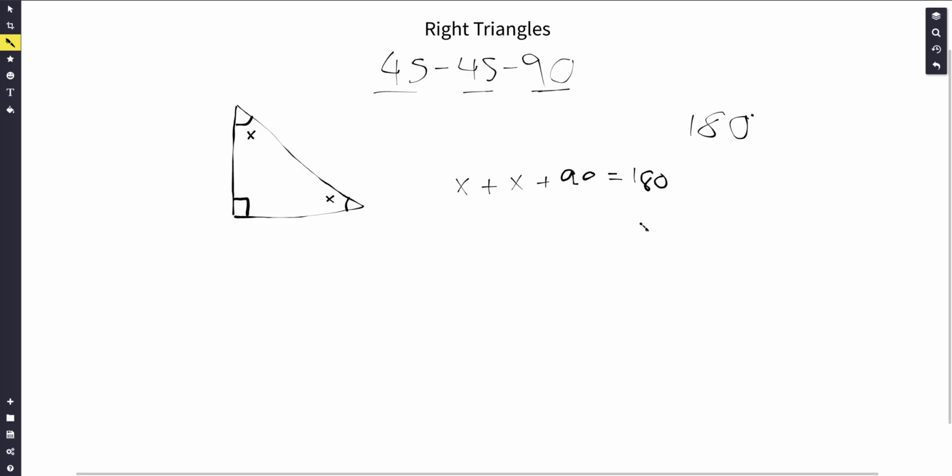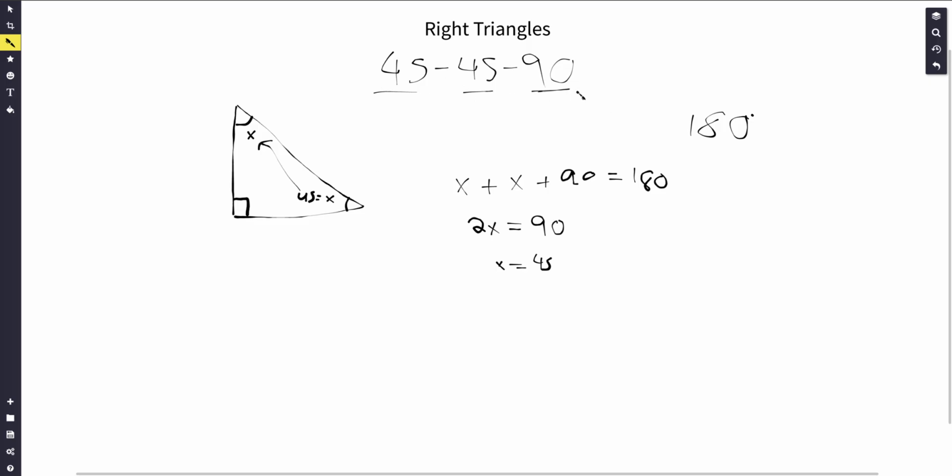And that 180 is adding up all the angles. So this x plus x turns into 2x, and this 90 subtracts to this side, so that's equal to 90. And this is just simple algebra. X is equal to 45. So now we know that both these values here are 45 degrees. And if we add 45 plus 45 plus 90, we get 180. So that's a 45, 45, 90 triangle.